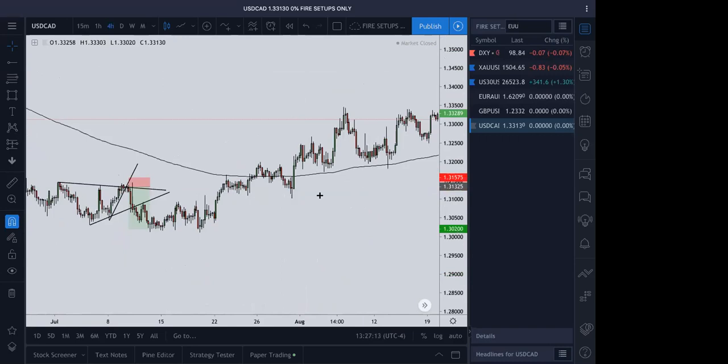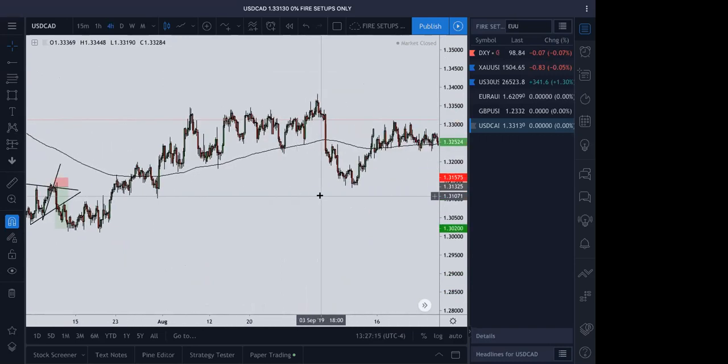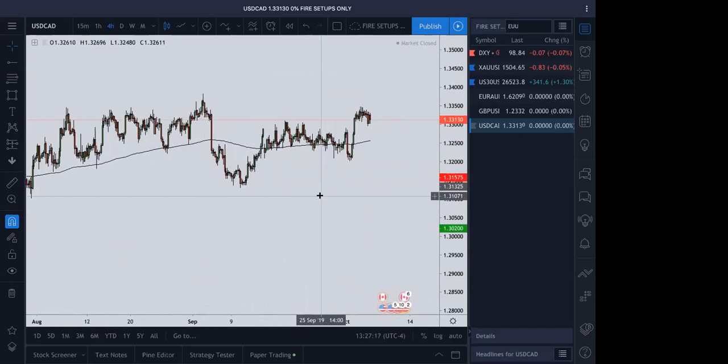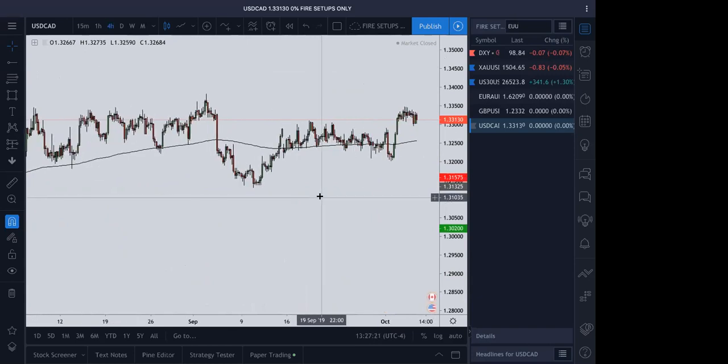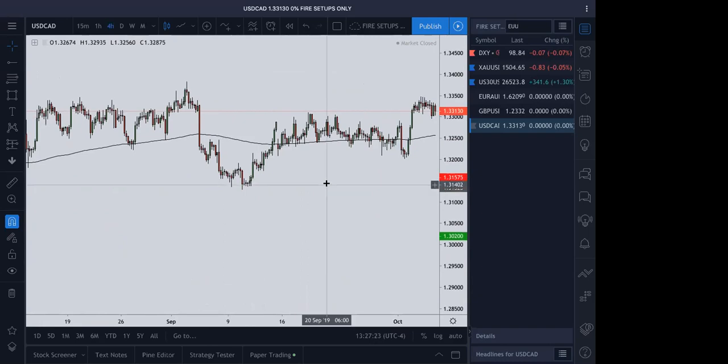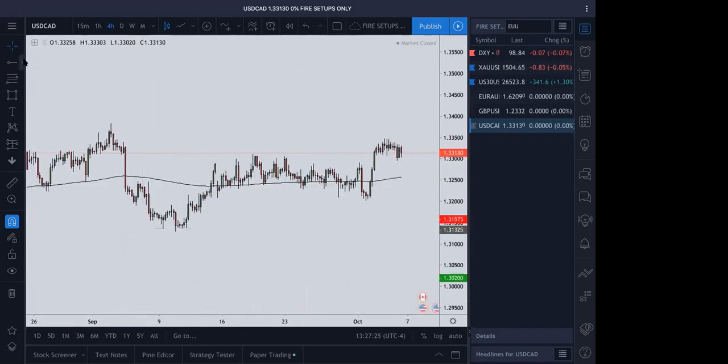Okay, have you any question, guys? In the pound pairs, you need to work more perfectly, no? Because 39 pips in the GBP JPY, it's one candle. I never use bigger.